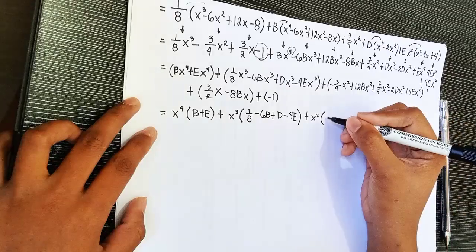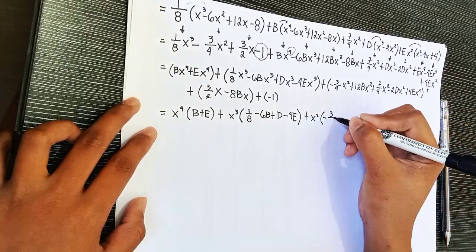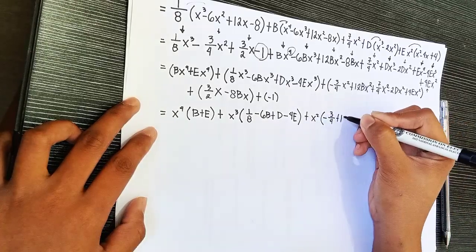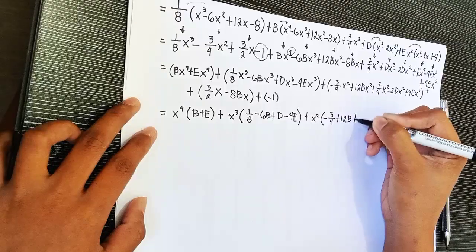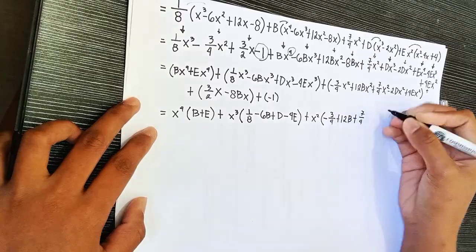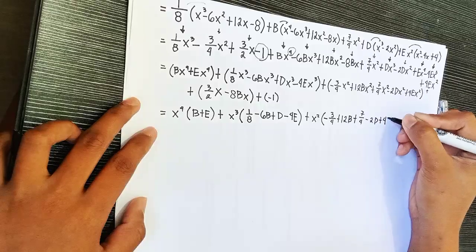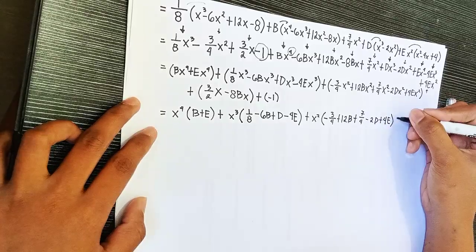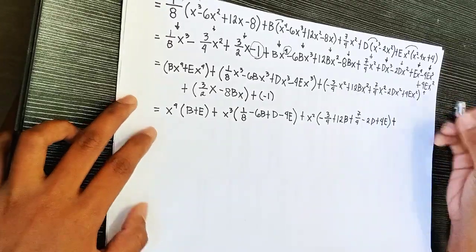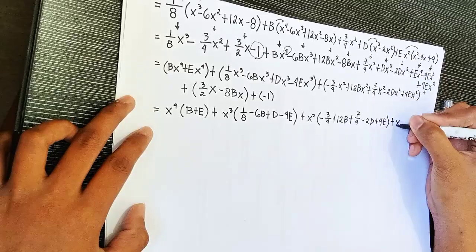So, ang matitira na lang dyan, we have negative 3/4 plus 12b plus 7/4 minus 2d plus 4e. And same with the x, lalabas lang natin si x.